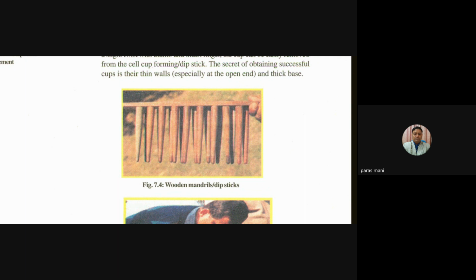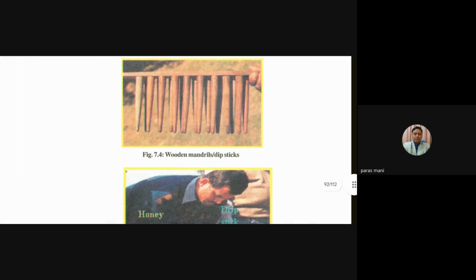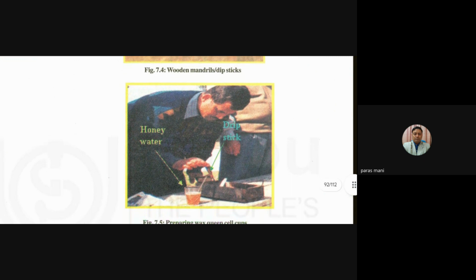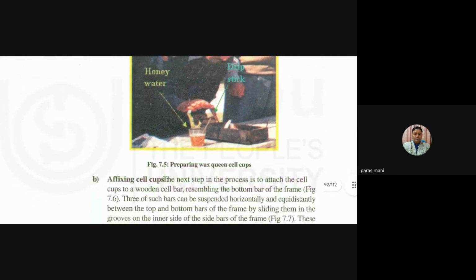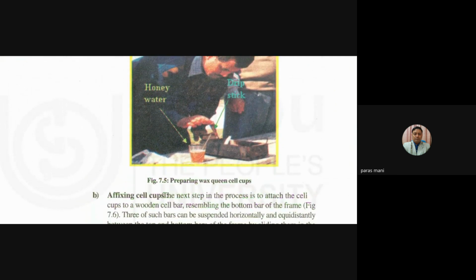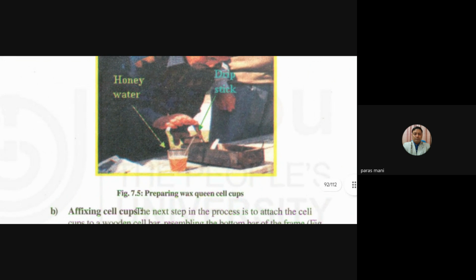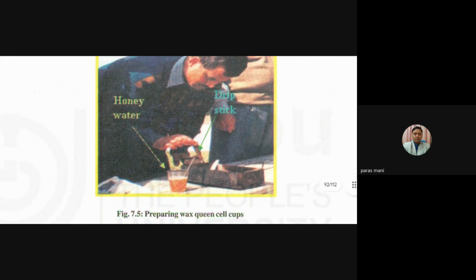The wax will be hard and solidified, and it must be removed carefully from such sticks. That will form a wax cup, and such cups must be grafted onto the wooden pieces or the frame. You can see the melted wax in the glass jar, and the honey water dipstick.